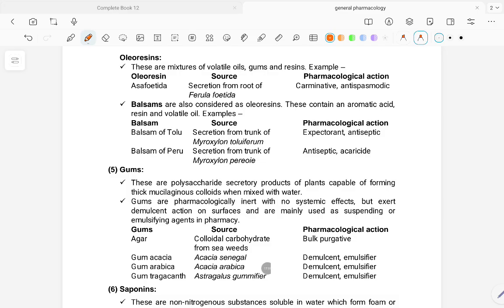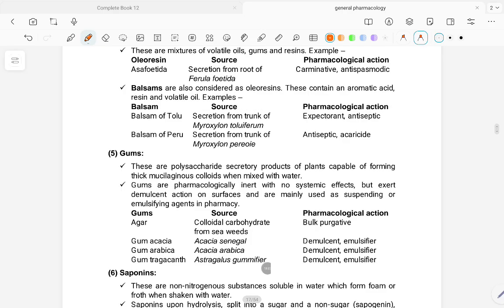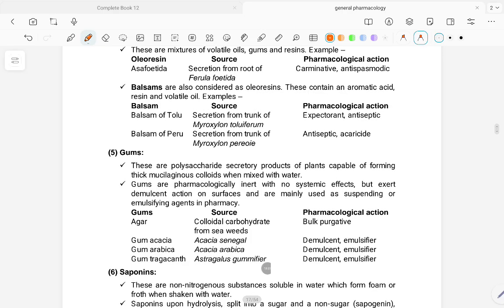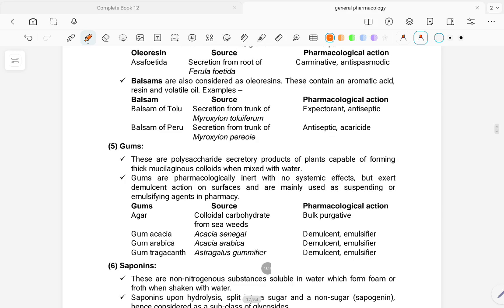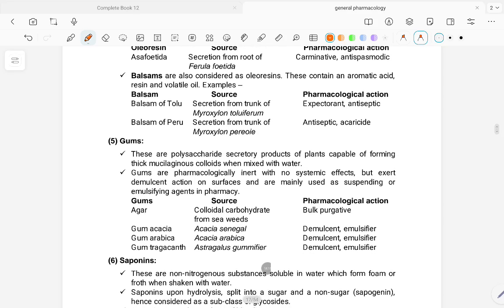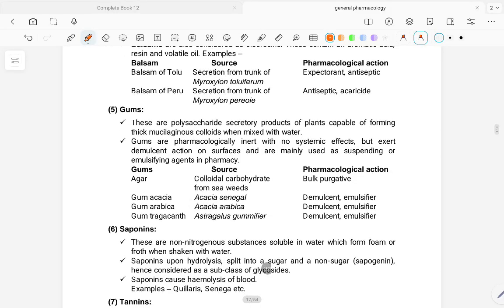These contain an aromatic acid, resin, and volatile oil. Example: balsam of Tolu, secretion from the trunk of Myroxylon toluiferum, expectorant, antiseptic. Balsam of Peru, secretion from the trunk of Myroxylon pereirae, antiseptic, acaricidal.